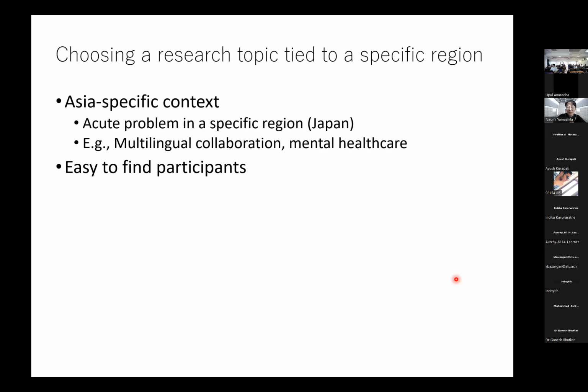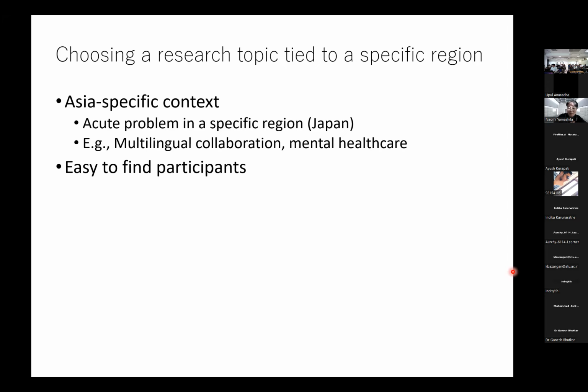Being a researcher living in Japan, it makes perfect sense for me to focus on the problems that are prevalent in Japan. For example, I've worked on topics like multilingual collaboration and mental health care. Japan is often cited as one of the countries with poor English skills, so it was very easy to motivate myself to support non-native English speakers.